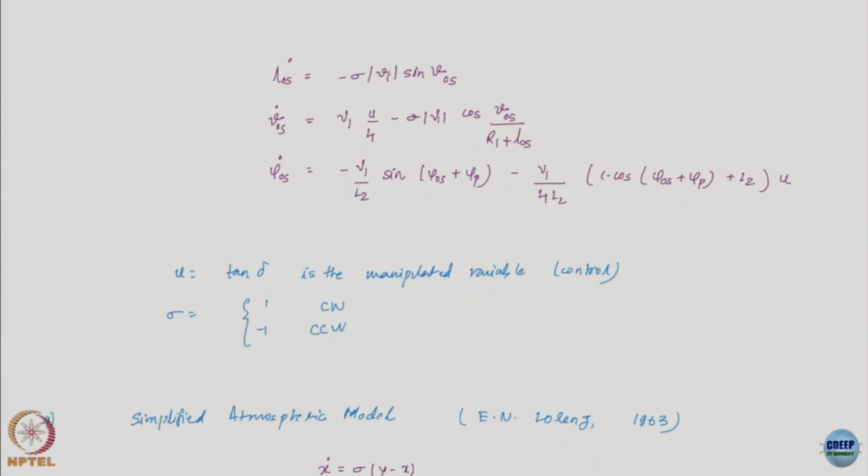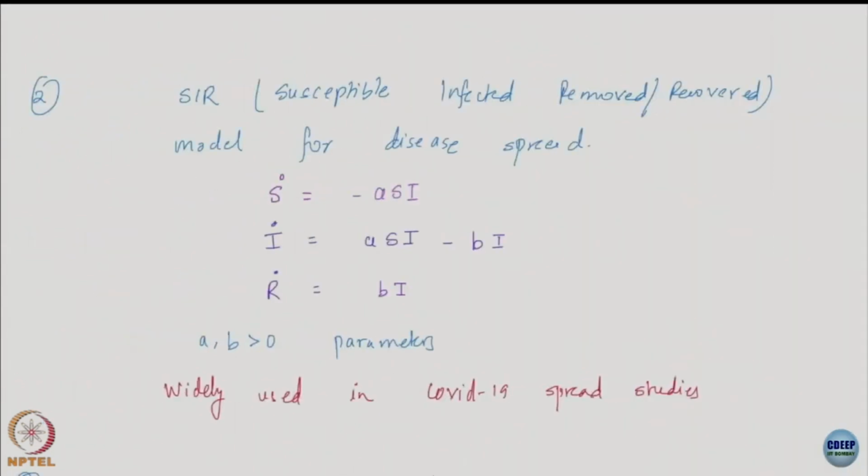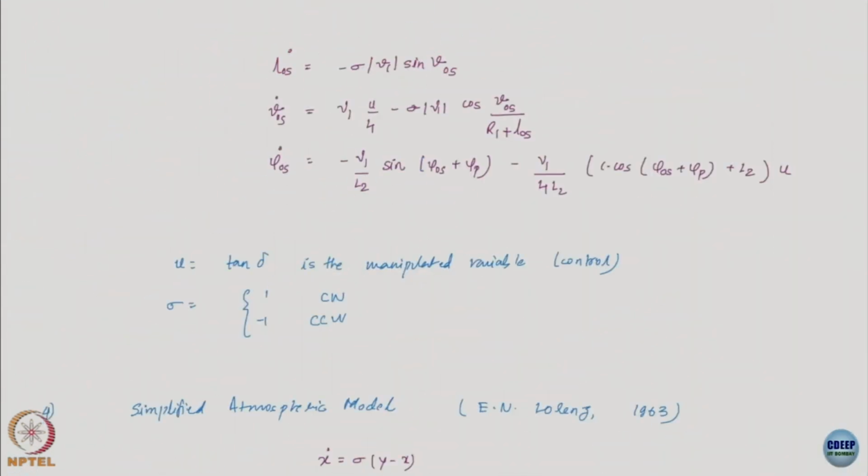And the sigma is some variable which is plus minus 1 depending on whether it is clockwise or counterclockwise. Depending on how you are rotating the wheel, you get a sign here for this particular sigma.